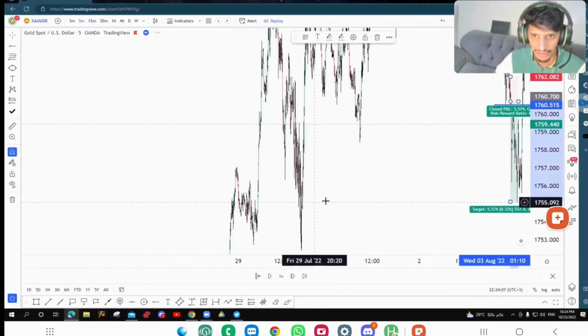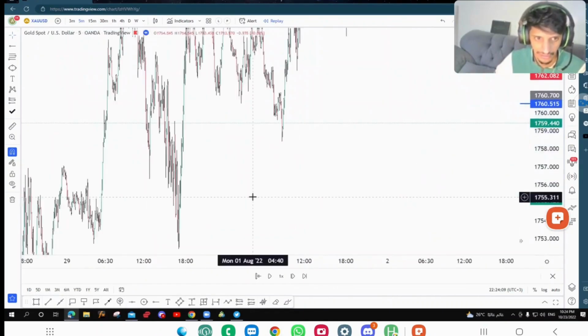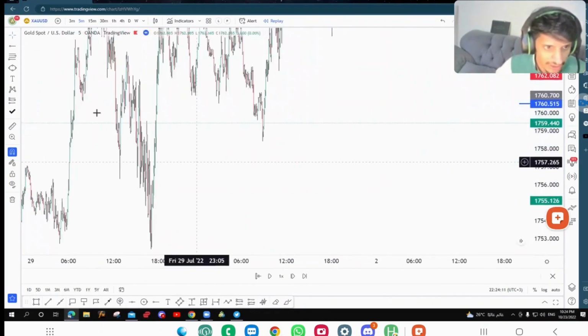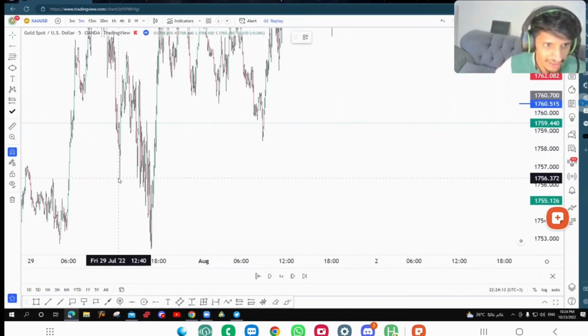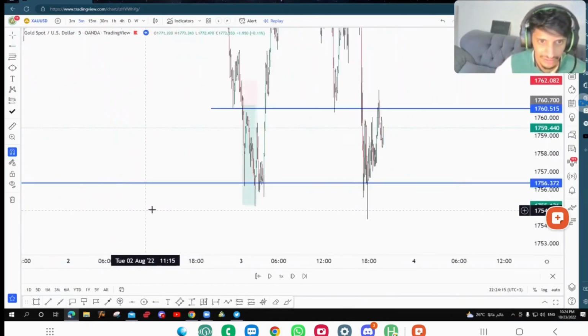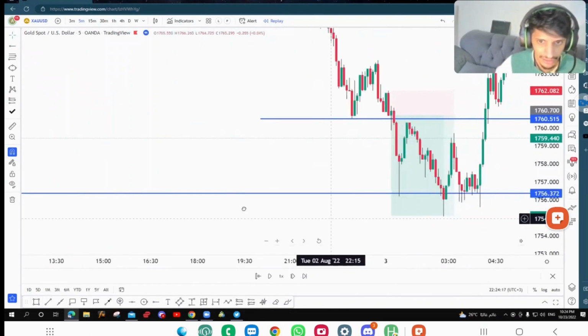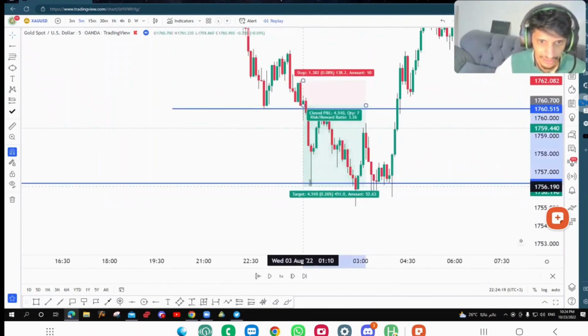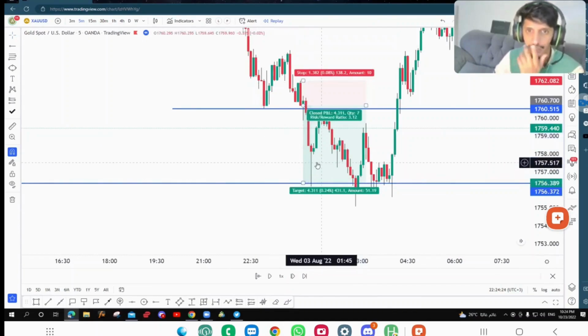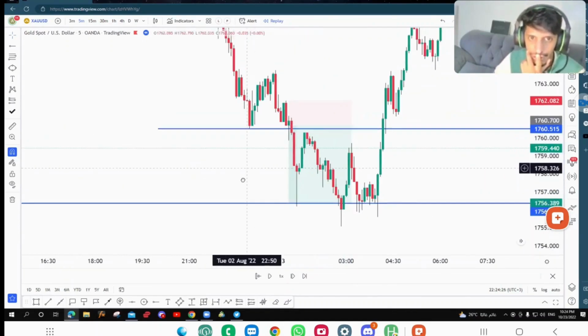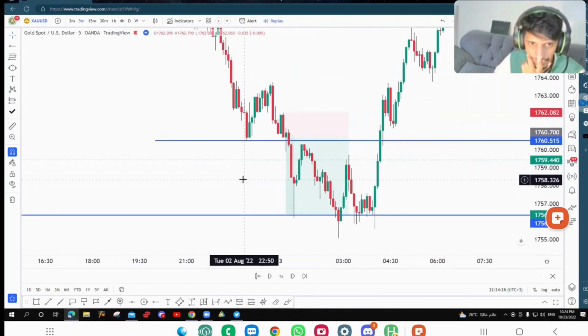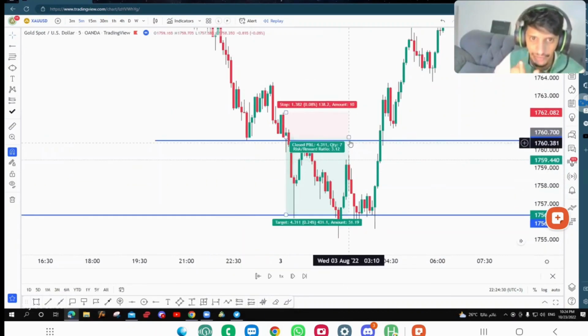Let me look left. I will target this level in here. This is a 3.1 risk to reward ratio. Okay, so target hit.